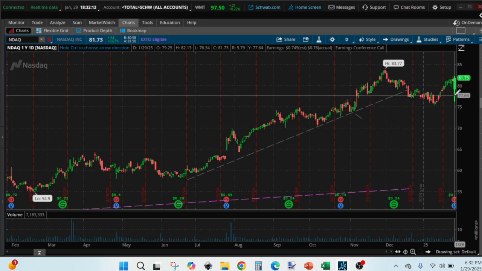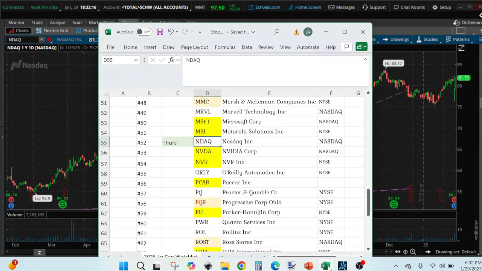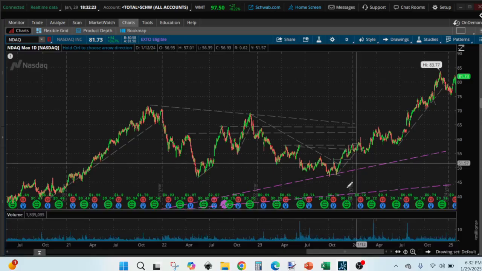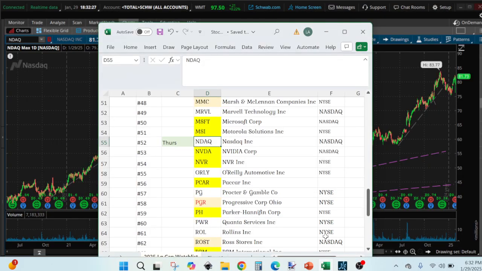So NDAQ went up today. The green bars are the bars where the price went up that day, meaning the price at the end of the day was higher than the price in the morning when the market opened.